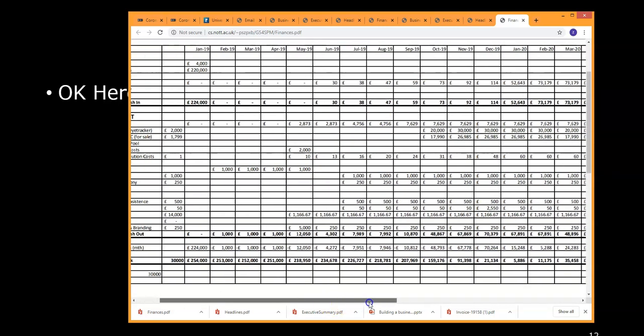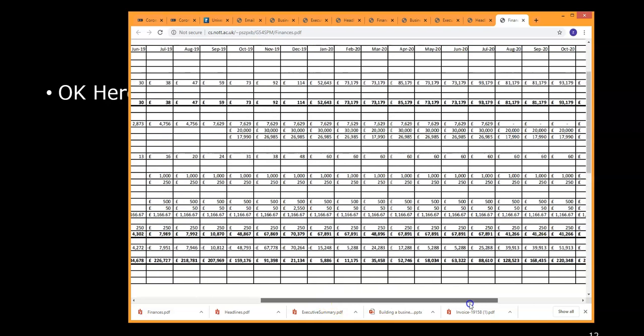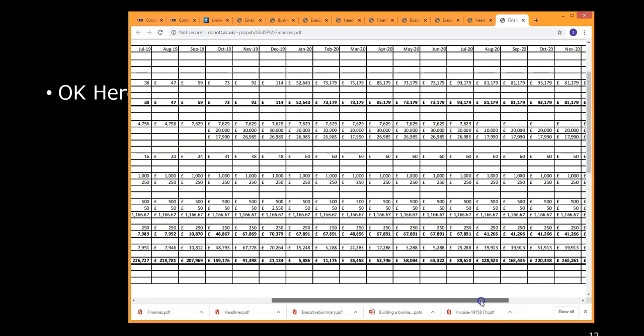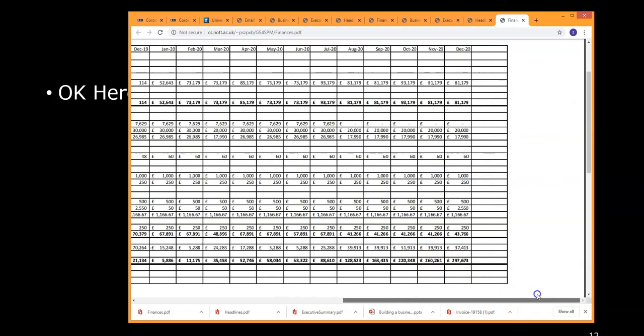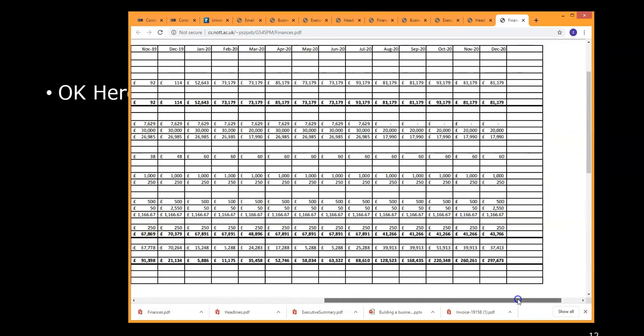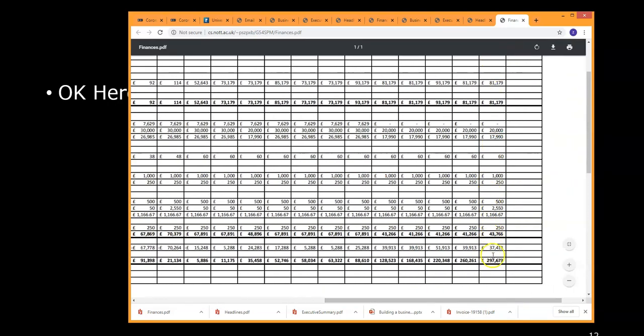So you'll see this is our cash in bank, and it goes gradually down as we do the project, and then we start to sell the product and expect to start selling and making money. So that sort of prediction. By December of this year we were expecting to make this money.